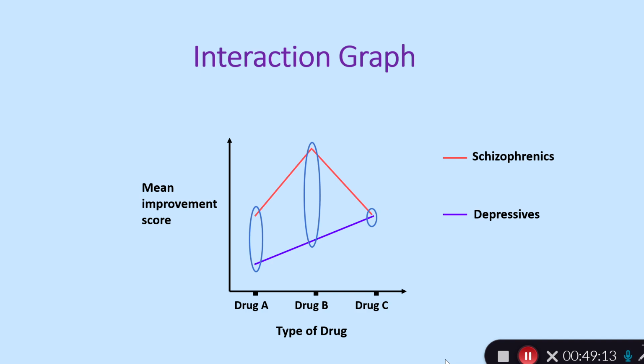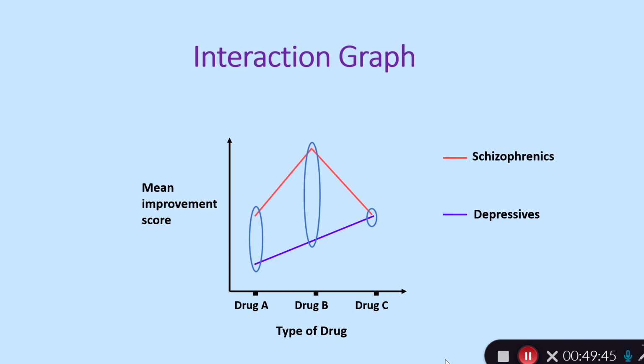The third one is our test comparing the 2 types of problem, and how they improve when taking drug C. And what we'd find there is no difference between the 2. Okay, so schizophrenics do significantly better on drug A than depressives. Schizophrenics do significantly better on drug B than depressives, but there's no difference between the 2 on drug C.